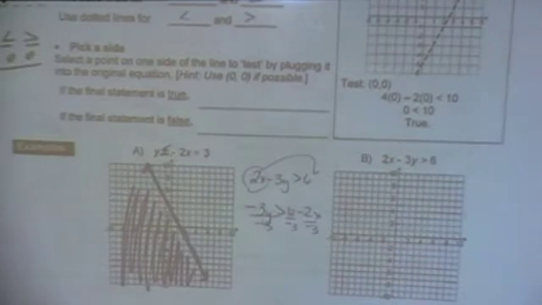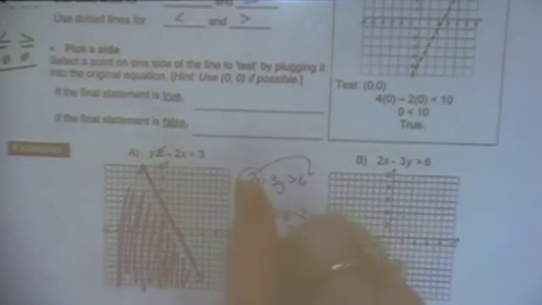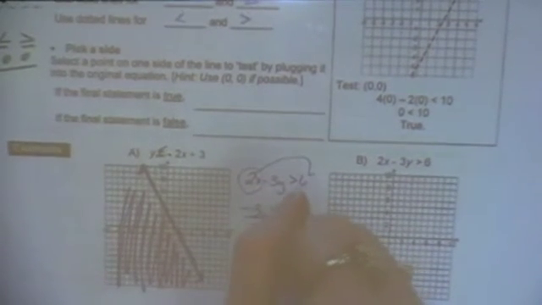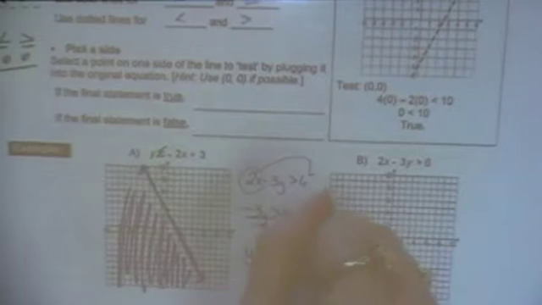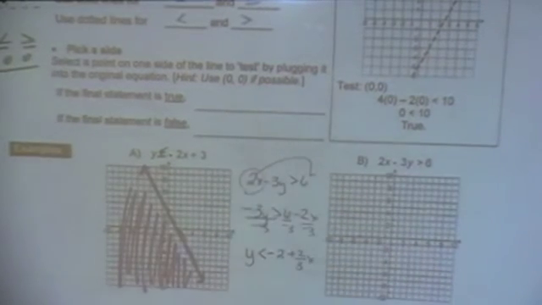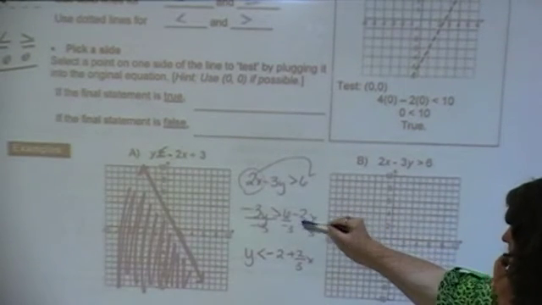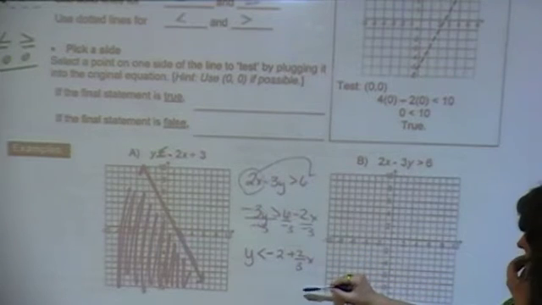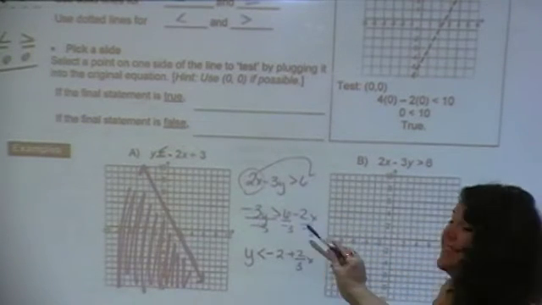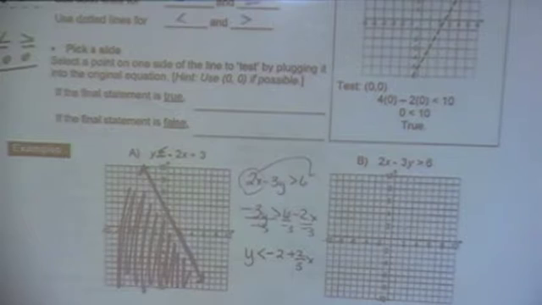Okay, just divide by -3. Flip your sign. I got a negative with my -2 and my -3, so it becomes positive 2/3 x. 6 divided by -3 is -2, so my y-intercept is -2.